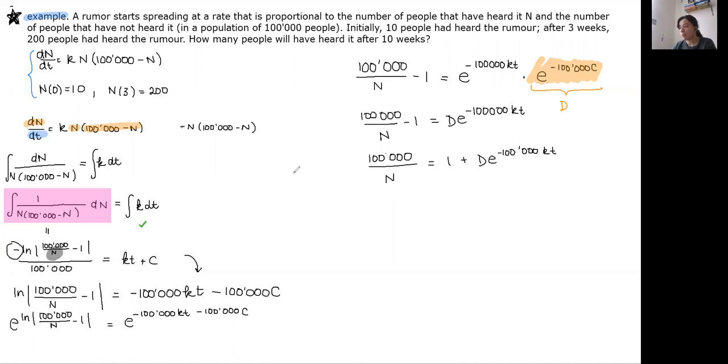And then if I multiply both sides by n and divide both sides by 1 plus d times e to the minus 100,000 k t, then if I multiply by n, that's going to simplify this n, and I'm going to get 100,000 on the right-hand side alone, and if I divide by 1 plus d e to the minus 100,000 times k times t, I'm going to get that on the denominator.